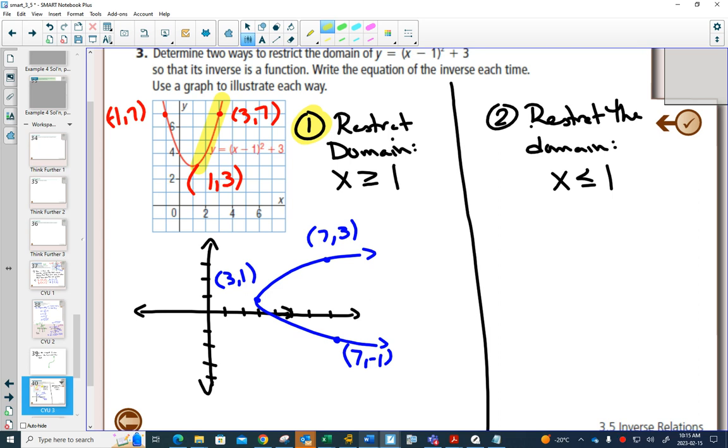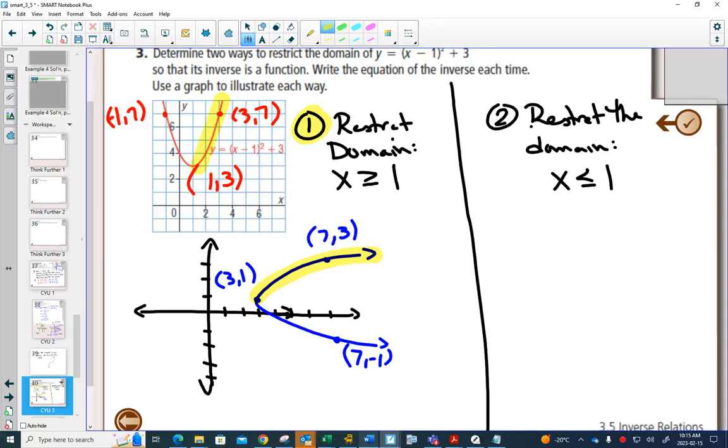Then on my inverse, that includes 1, 3, and 3, 7. So on my inverse graph, that is this part of the inverse graph. I have now done the last part. I've used the graph to illustrate. I have to find the equation of that yellow section.